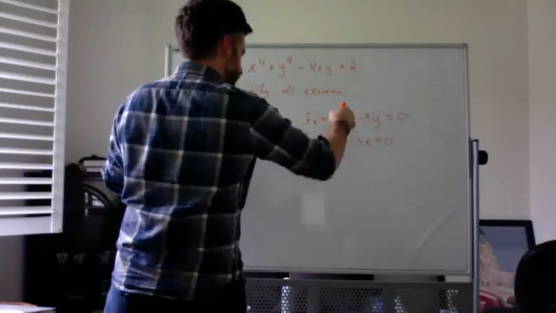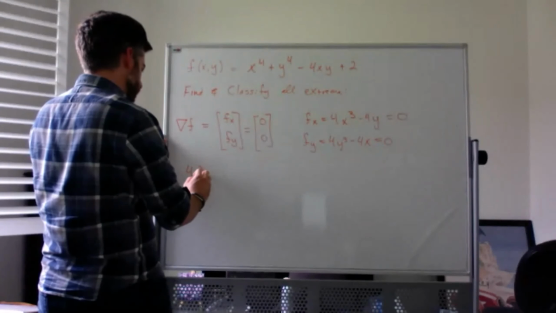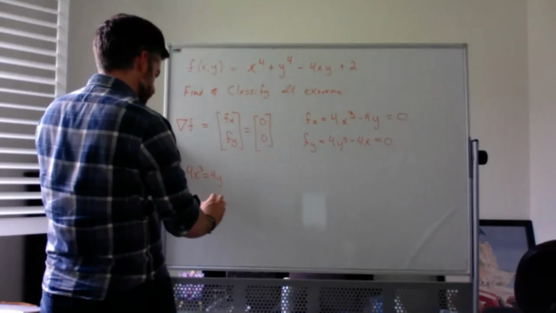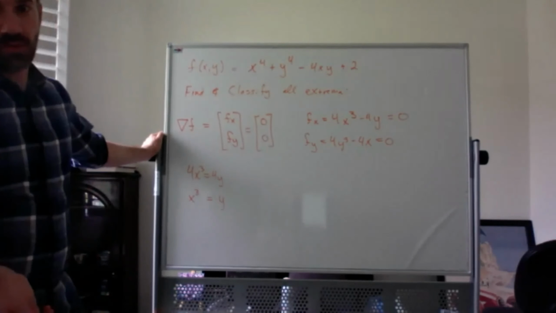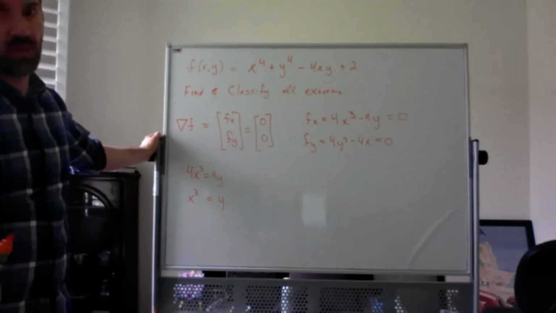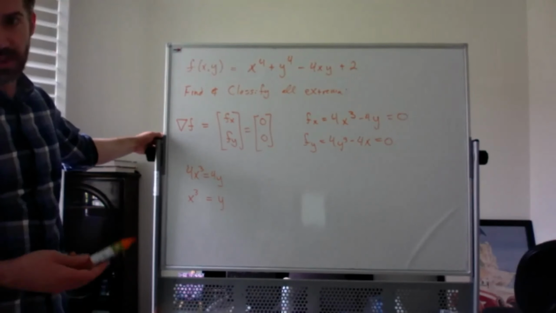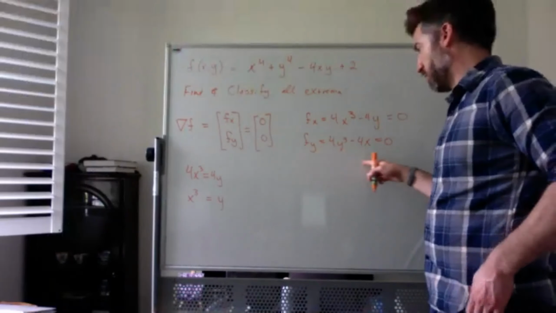Solving the first one, I get 4x cubed equals 4y, so y equals x cubed. Currently there's an infinite number of possibilities: 0, 0; 1, 1; 2, 8; 3, 27, et cetera. But those aren't all possibilities for the other equation as well.